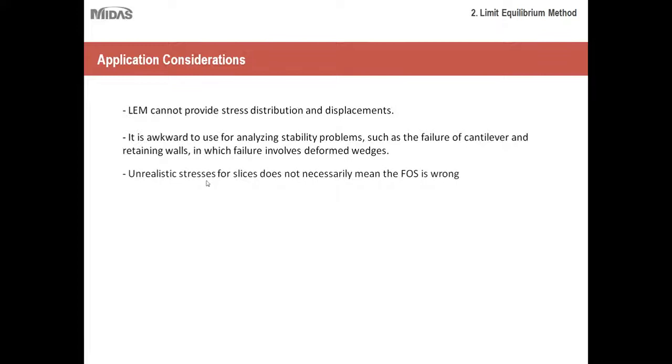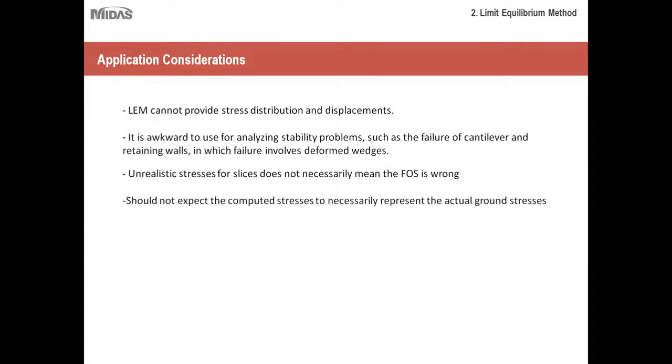And then unrealistic stresses for slices does not necessarily mean the factor of safety is wrong, so that's something I discussed previously. If you're doing the limit equilibrium method by hand, or if you're checking the forces acting on your slices, don't be discouraged by erroneously high or low forces. It's really the factor of safety that you need to focus on. You should not expect the computed stresses to necessarily represent the actual ground stresses. This ties into the previous point.